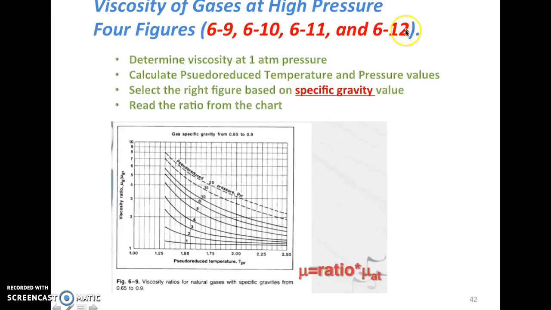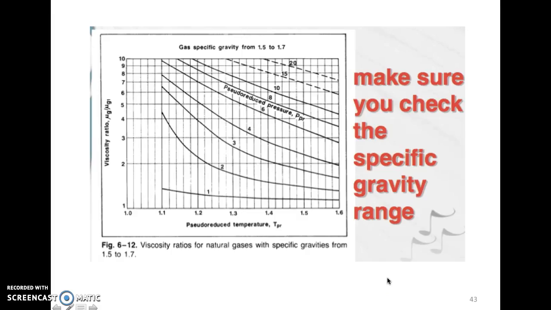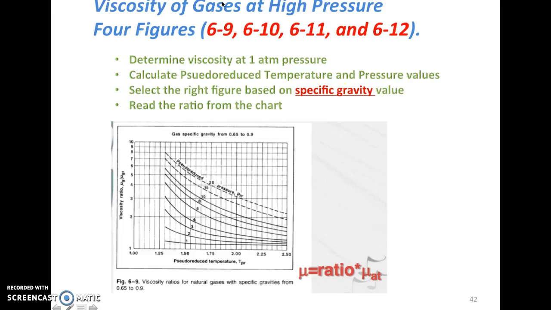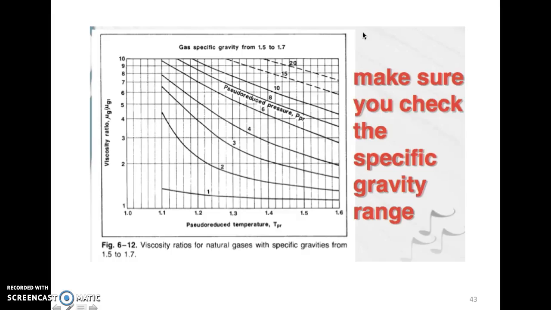These figures are sorted based on the specific gravity, and you read the viscosity ratio from the chart, and then since you have the viscosity at atmospheric pressure, you should be able to calculate the viscosity value, which is the ratio multiplied by the viscosity at atmospheric pressure. So the difference between figures 6-9, 6-10, 6-11, and 6-12 is the range of the specific gravity. For example, for 6-12, the range is from 1.5 to 1.7.